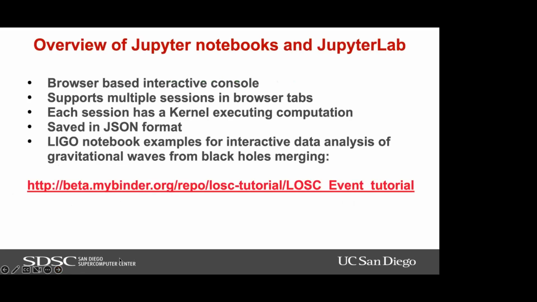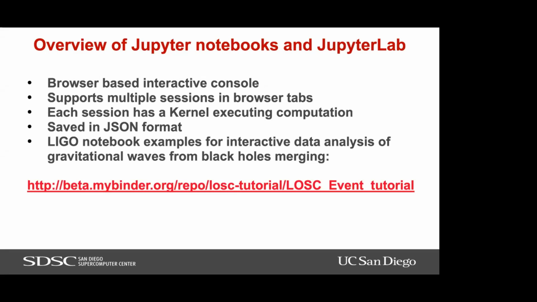So Jupyter Notebooks and Jupyter Lab are basically a browser-based interactive console to let you develop Python code and run Python code. You can support multiple sessions in browser tabs, and each session will have a kernel that's executing the computation.